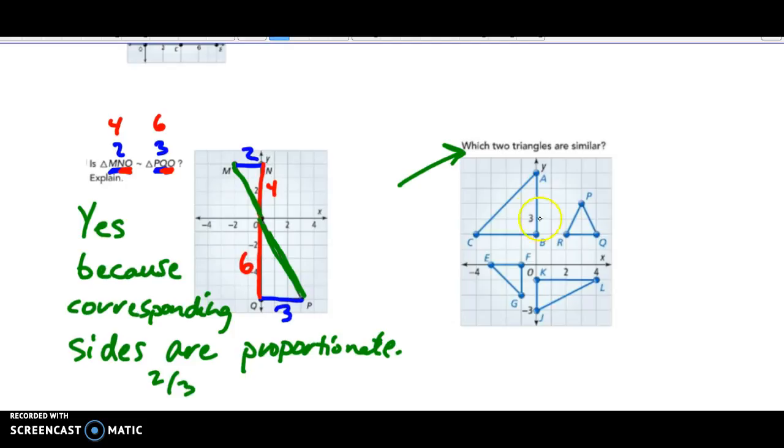There's one triangle that I can rule out right off the bat, because to be similar, I have to have equal angle measures and proportionate side lengths. And I see one triangle that definitely is not like the others, and that's this one. This one's not a right triangle, and these other 3 are. So this definitely cannot be similar to these because the angles are not the same. However, these 3 each have a right angle, so now let me check corresponding sides.